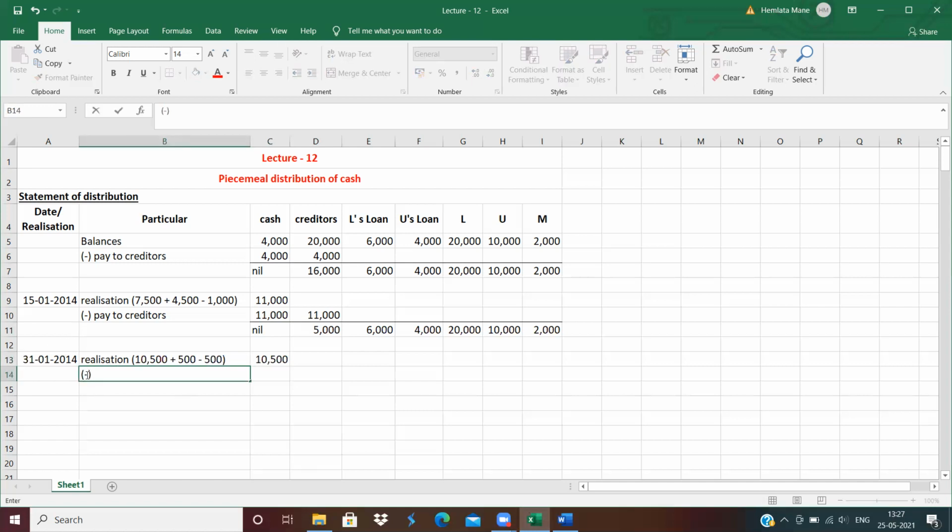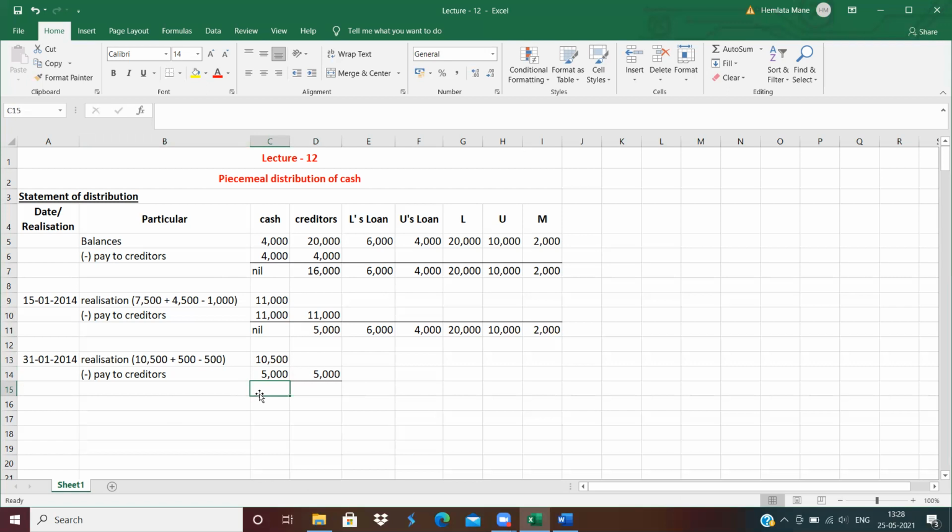So less, pay to creditors. How much? 5,000. So pay 5,000 to creditors. Now carry down the balances. 10,500 minus 5,000, it means 5,500.